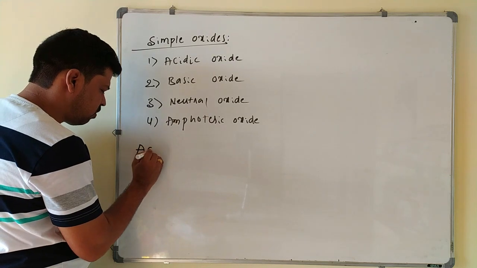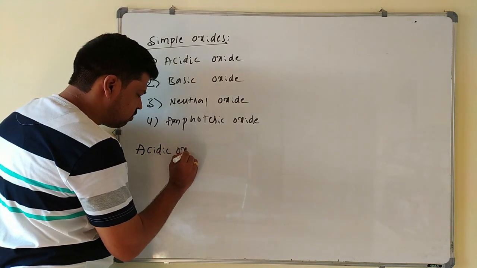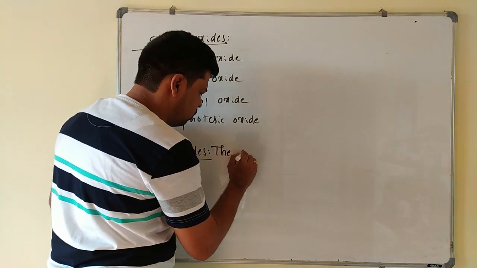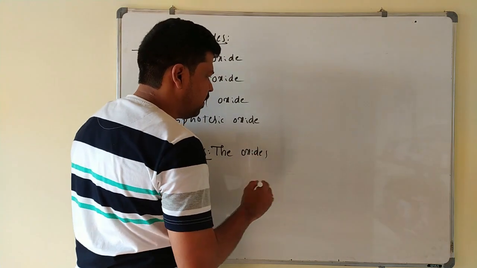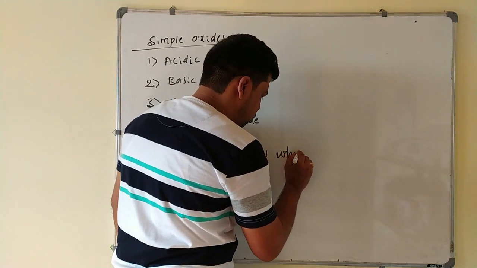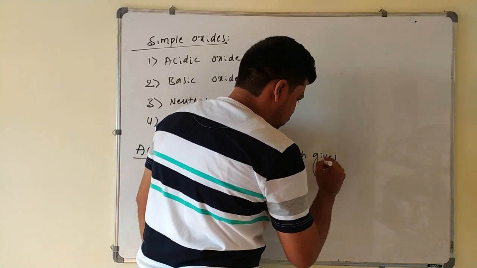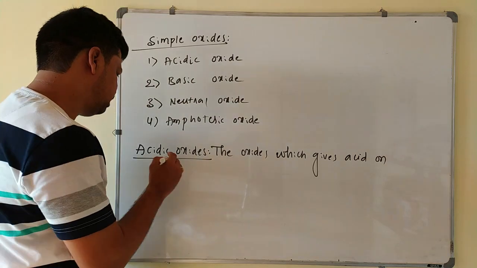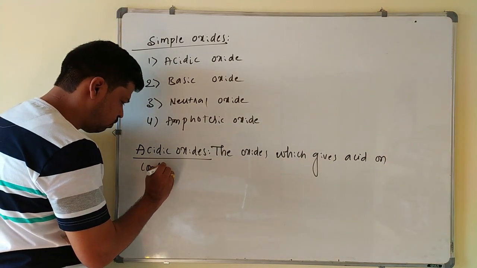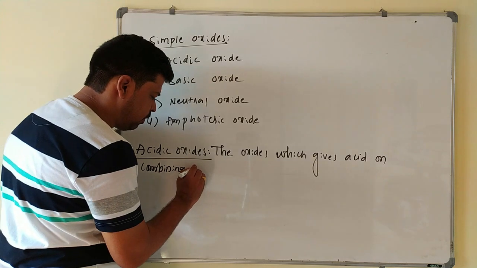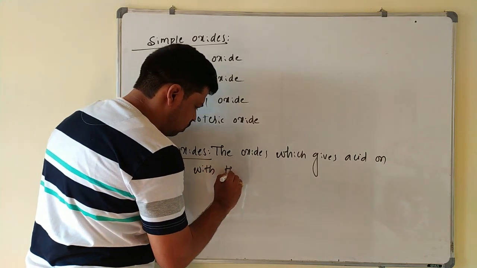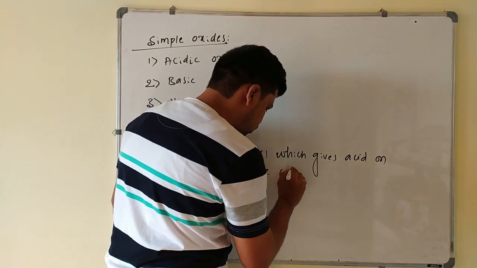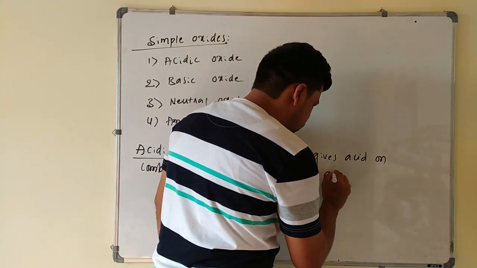Acidic oxides: the oxides which give acid on combining with water are called acidic oxides.